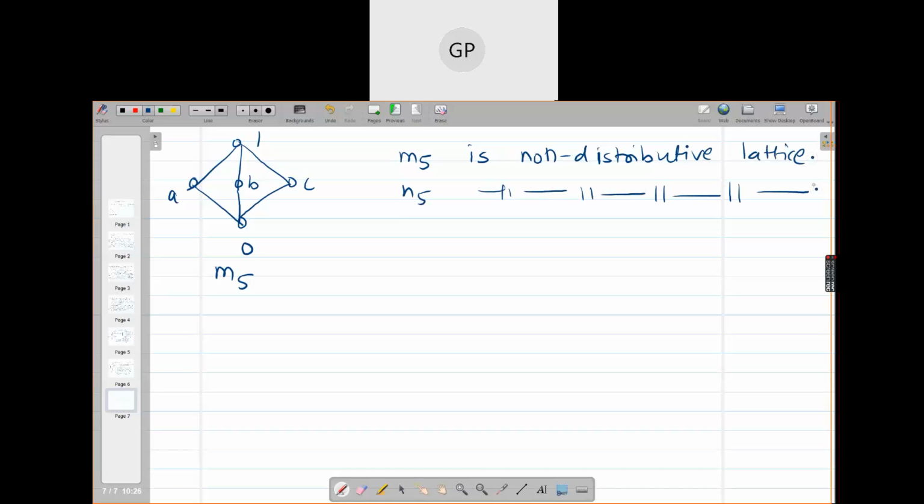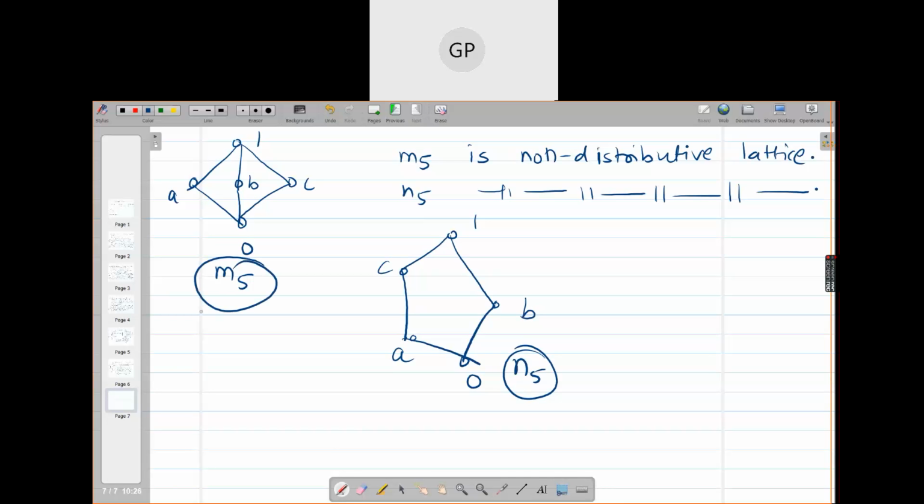This is N5: zero, A, B, C, 1. So these two are non-distributive lattices. Now we will have a very important theorem and we will prove it. It's a very short one. And then we will have a definition of modular lattice and we can stop.